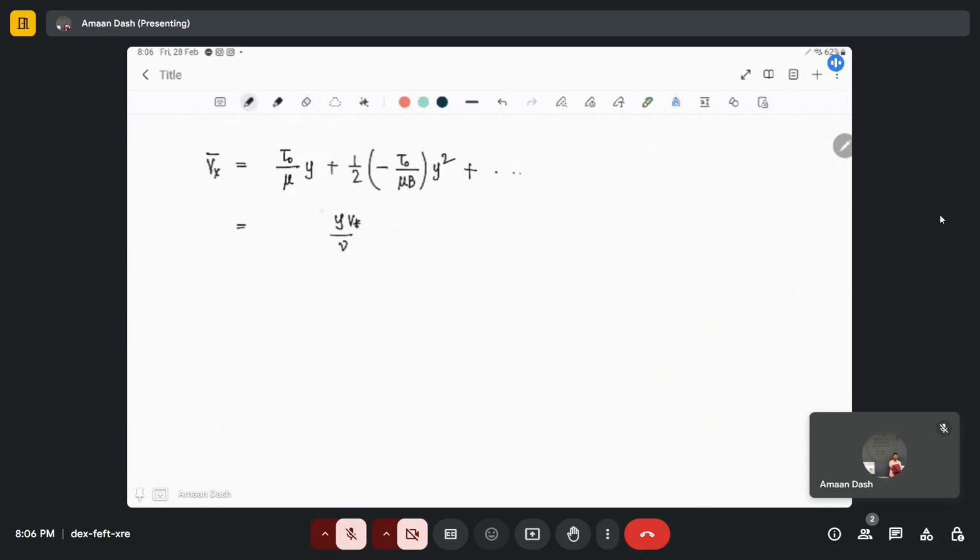So here it will be V star square, but I'm taking one V star to this side, so Vx bar by V star. The first term will be y V star by nu, and all other terms will be in the form of these dimensionless parameters. And this is for y V star by nu less than 5, from 0 to 5 actually.